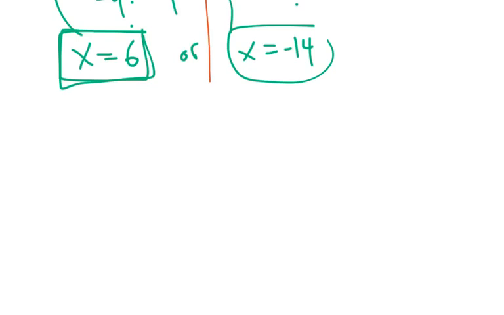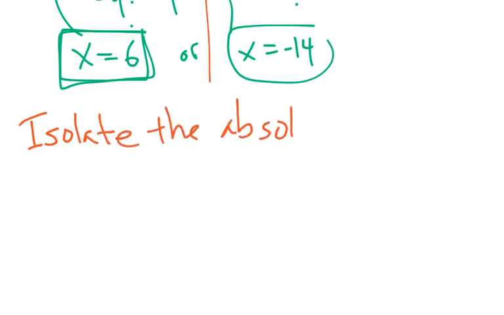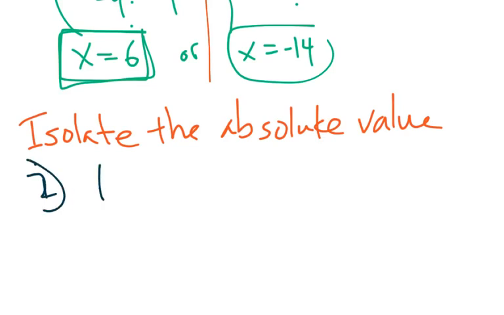So the next thing I want to get across is the idea of isolating the absolute value first. So let's say we have this example too. |x - 5| + 8 = 18. Okay?